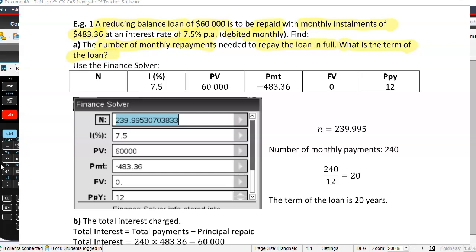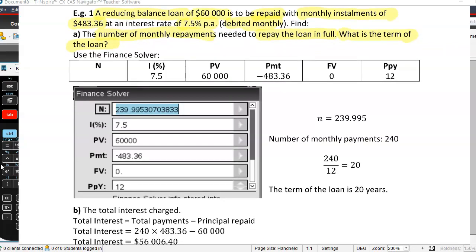Okay, so going back over our information, let's think about what we're going to put into our financial solver. Our interest rate is 7.5. Our present value, the amount we've borrowed, is $60,000, and it's positive because we have borrowed it. It's under our control now. It's come to us.